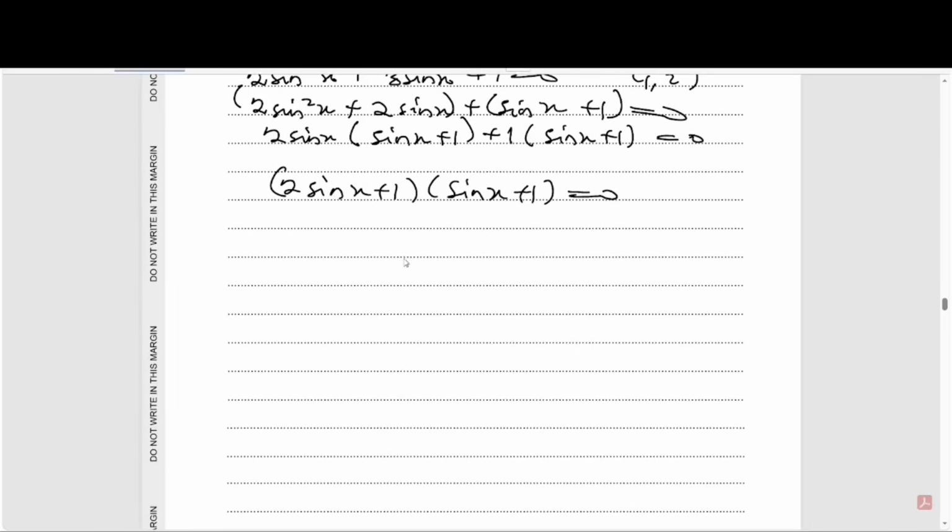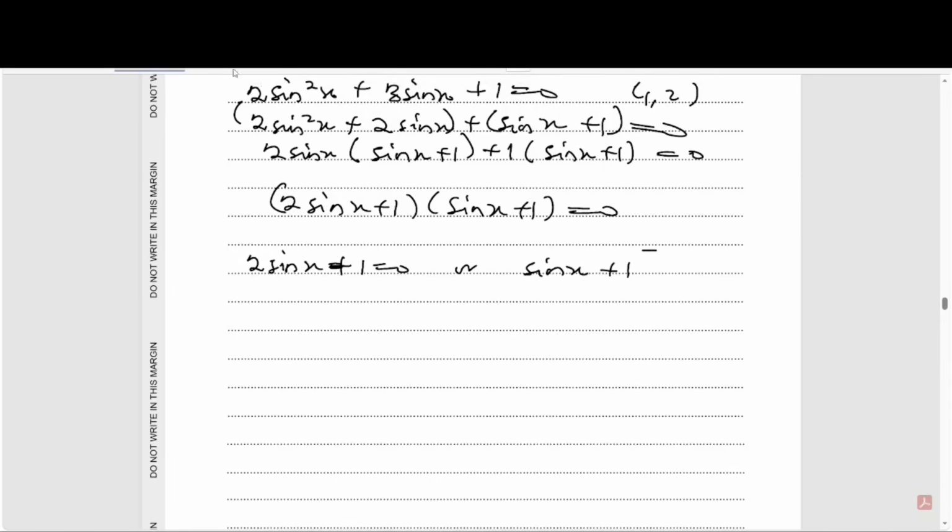We equate each one of them to 0, so that first we have 2 sine x plus 1 equals 0, or sine x plus 1 is equal to 0.